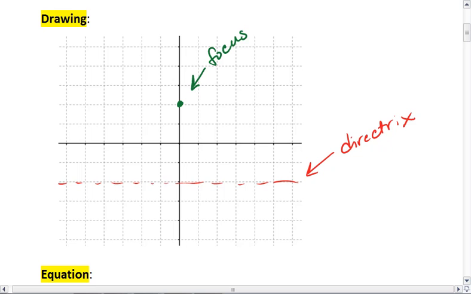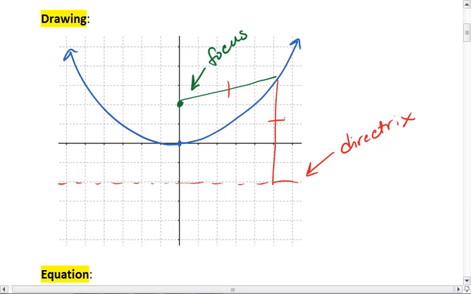Then my parabola will be all the points such that any given point on the parabola, the distance from the focus to the directrix will be the same. Those will both be a distance of d.